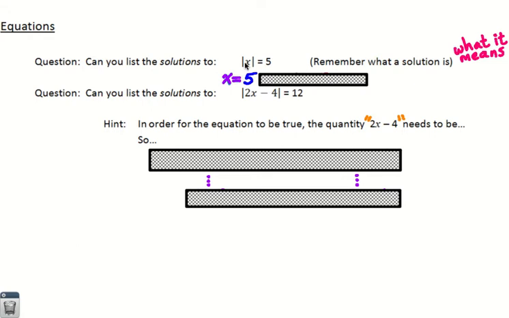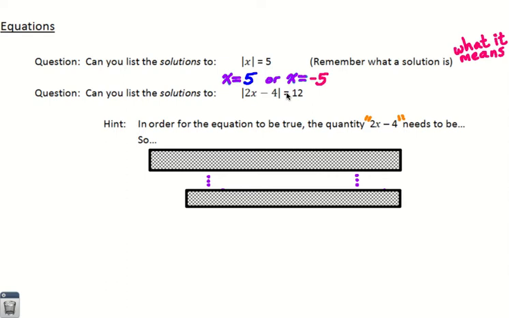Well, obviously the absolute value of 5 is equal to 5, but also the absolute value of -5 is also 5. So there's actually two numbers that you could say are solutions and would make this true. x could be 5 or x could be -5.